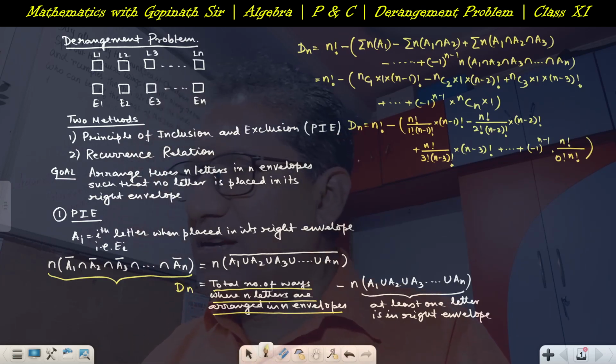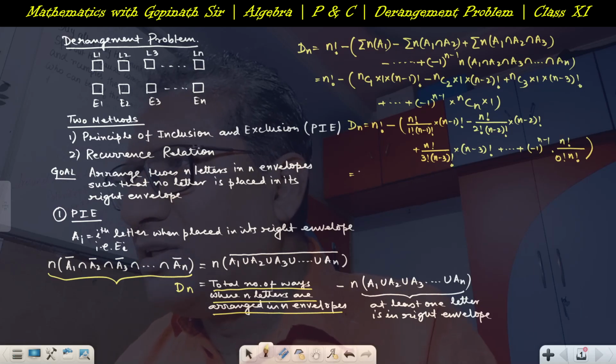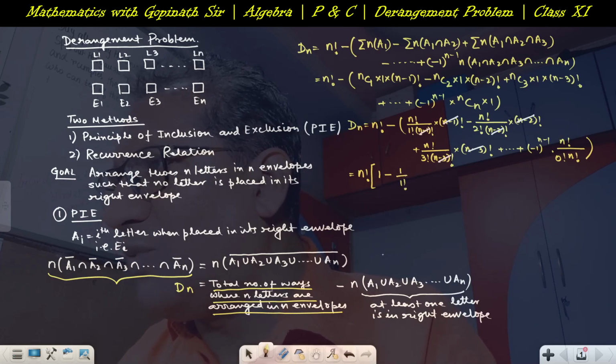That's it. Now if I open the brackets and take factorial n common, we are left with 1 minus... you see this one and this one will get cancelled. This one goes off, this one goes off. So ultimately we have factorial n, and since factorial n we have taken common, we are left with 1 over factorial 1.